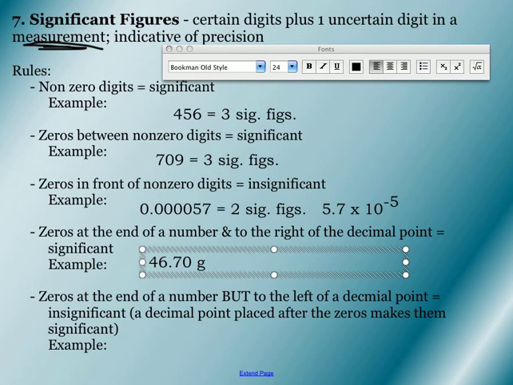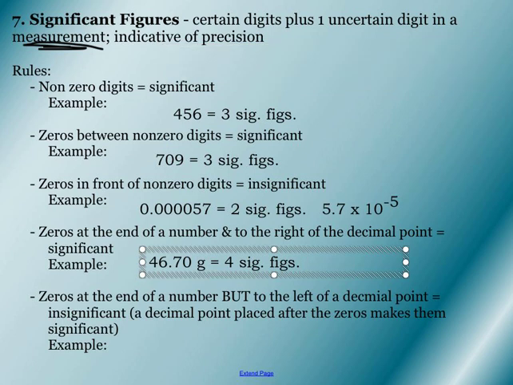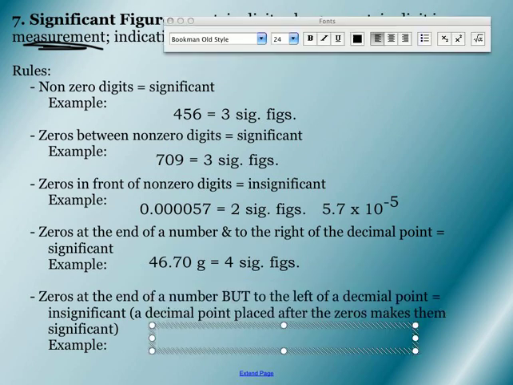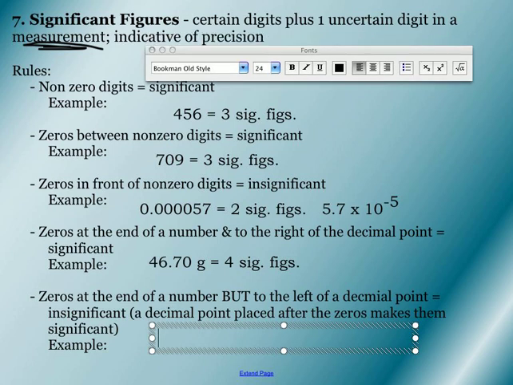That's what the scale estimated, or it's exactly on the line of your ruler or whatever. So if it's at the end after a decimal, it is important because it's that last estimation that you're taking. So this one right here is 4 sig figs. And our last one, if you have zeros at the end, but there's no decimal, then it gets a little nastier.